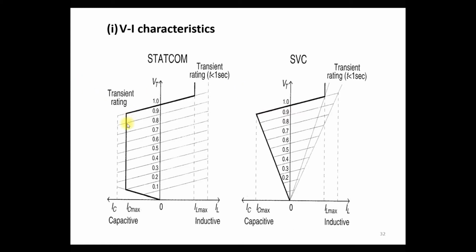Here in the STATCOM, we use a voltage source converter to inject the reactive power, that is, the capacitive current. So the transient rating of the STATCOM is independent of the system voltage. Clear? In the SVC, the maximum amount of capacitive power injected depends upon the size of the capacitor as well as the system voltage.